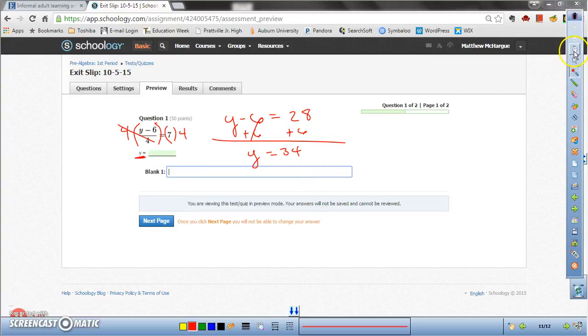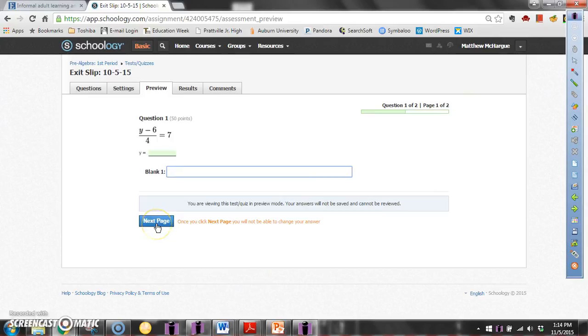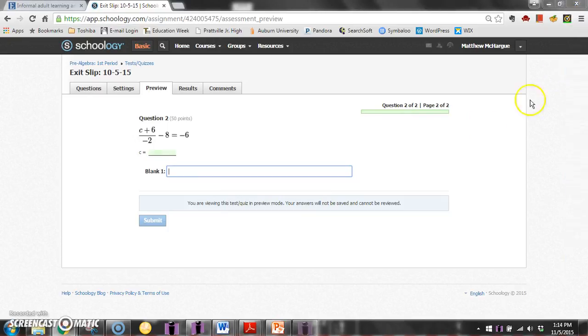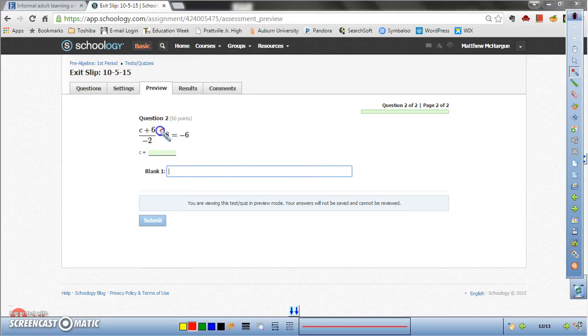All right, so let's look at the next one. And so this is a very similar problem in that my variable is contained within a fraction, okay, but now I also have this added operation here. So before I can isolate the variable, I have to isolate the fraction which contains the variable.